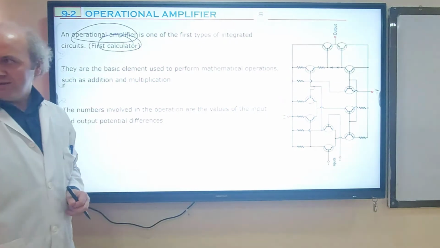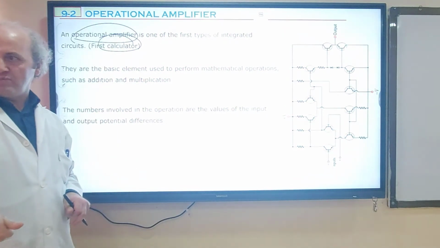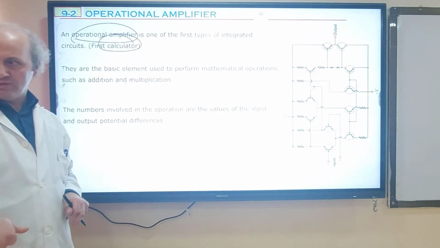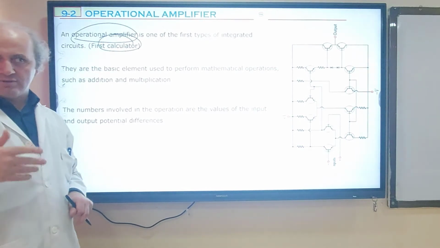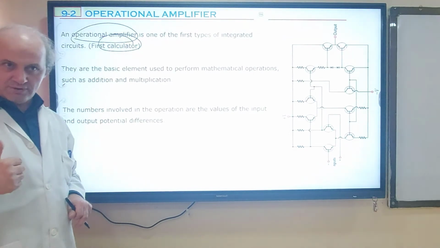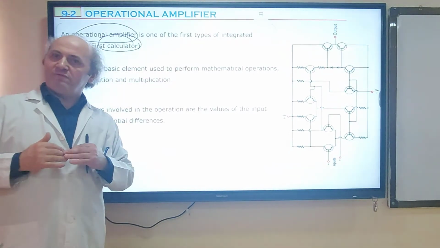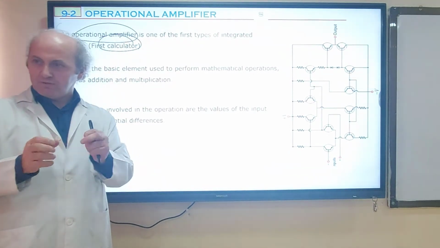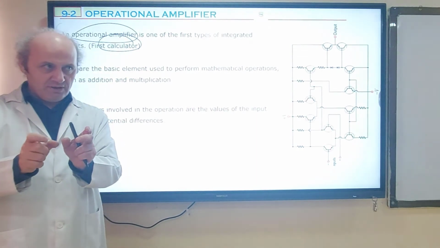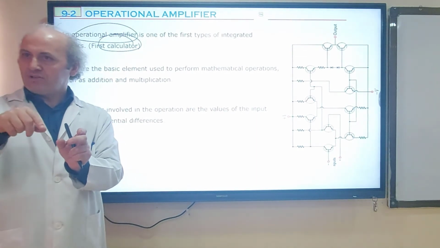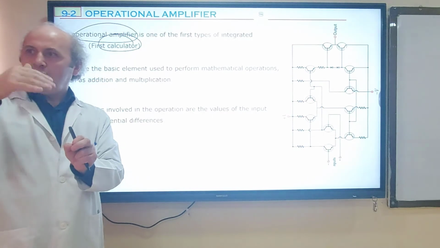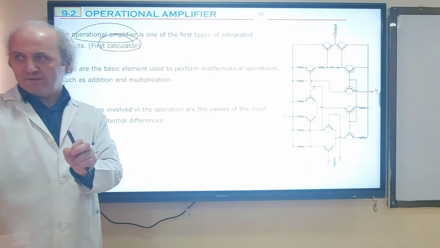Remember, every transistor has an input current, which is the base current, and an output current, which is the collector current. And collector current is always greater than input current. So when you give a 5 volt potential difference to a transistor whose current gain is 5, output becomes 25.